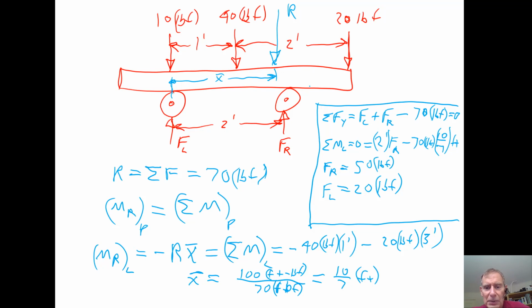We can tell that with this particular loading, even though the 20-pound force is out at the end, the location, X bar, was 10/7, or 1 3/7. So the resultant of these 4 loads was in between the 2 wheels. So that means it's going to be stable. It's not going to tip.